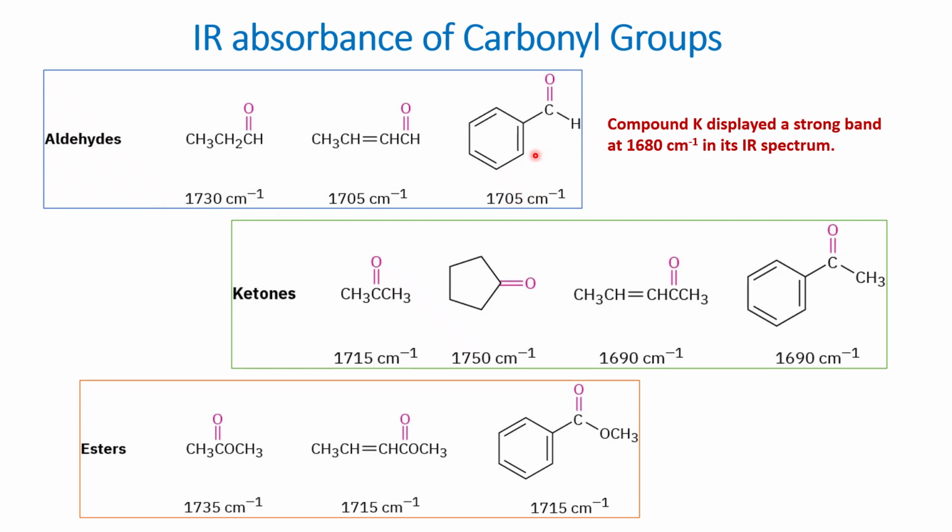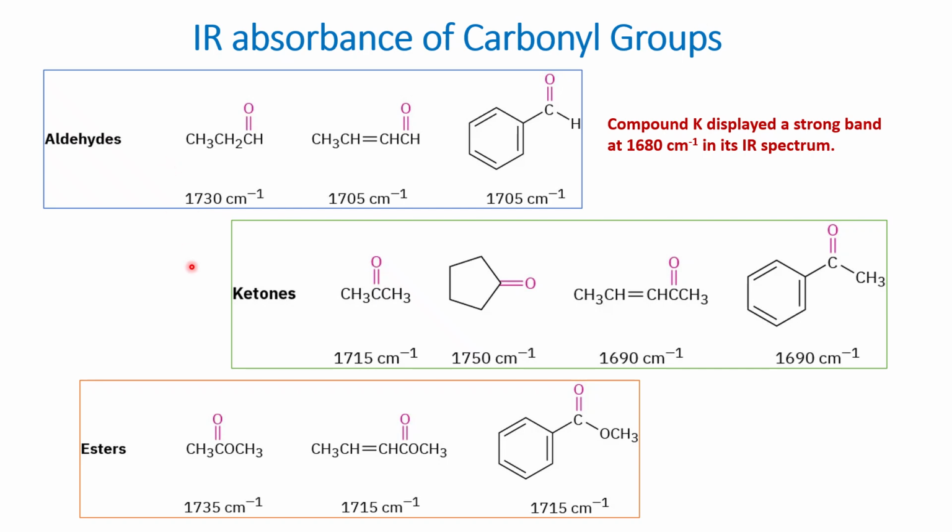Similarly, an aromatic aldehyde or an aromatic ketone or an ester will also have a conjugated pi electron system, and as a result, it also shows lower absorbance values. The lower value is because of delocalization of the pi electrons, which leads to weaker bonds, and as a result, you see the values at a lower value.